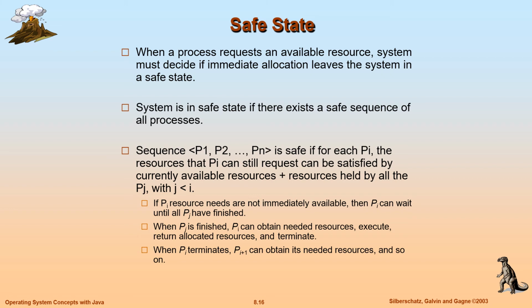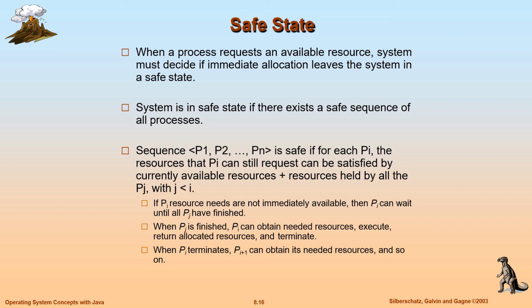The system is in a safe state if there exists a safe sequence of all processes. The sequence is like this: P1, P2, and so on. The sequence is safe if for each Pi, the resources that Pi can still request can be satisfied by currently available resources plus resources held by all the Pj it is asking.